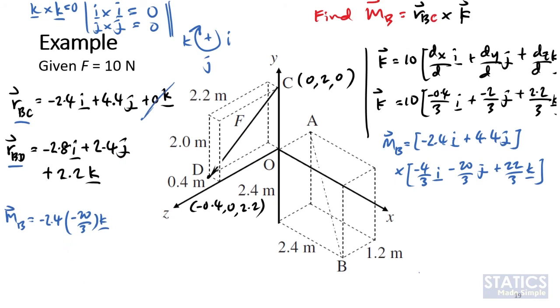So 2.4 times j will give you positive k, i, j, k. And then we have minus 2.4 again times 22 over 3. ik will give you negative j, right?